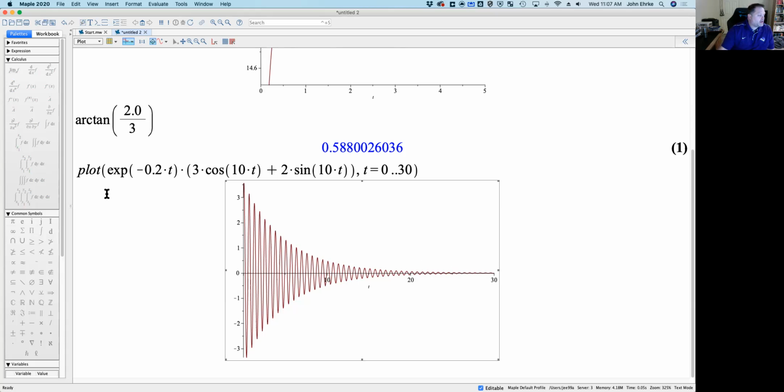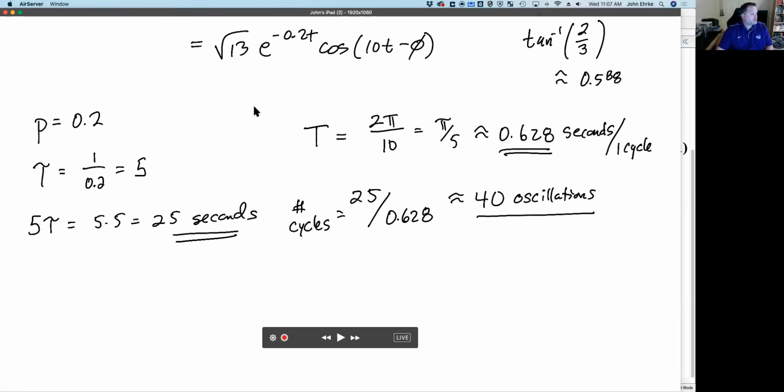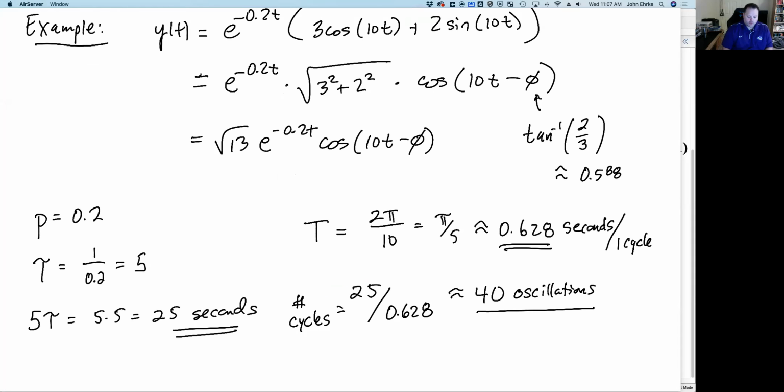So what I want to go back to now is, when we wrote it down together, we wrote that I could write it in this form, and this guy right here, which we called the envelope curves, turn out to be very important.